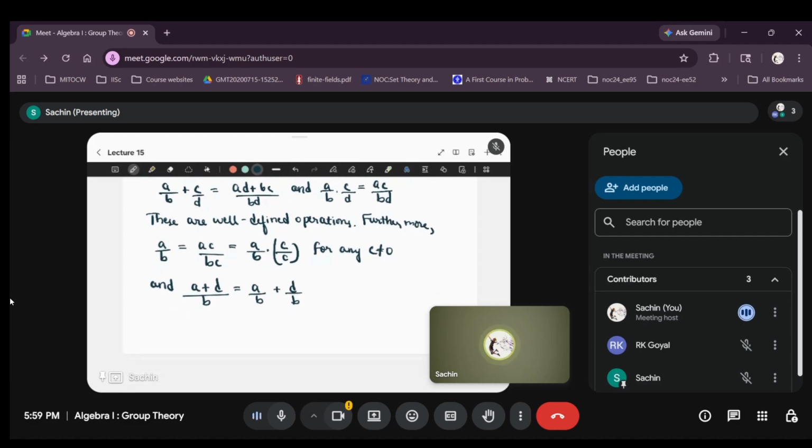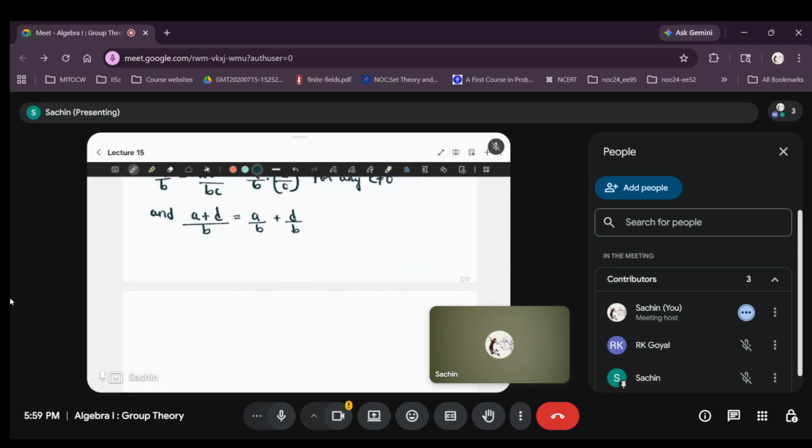So how do you show that it is well defined? In any question similar to this, how would you show that the operation is well defined?